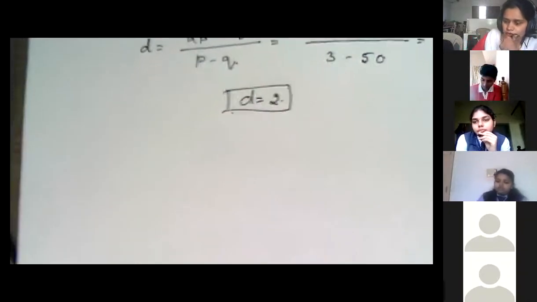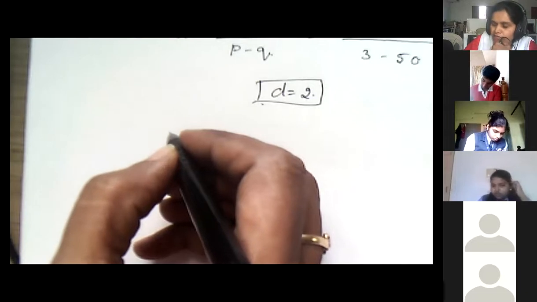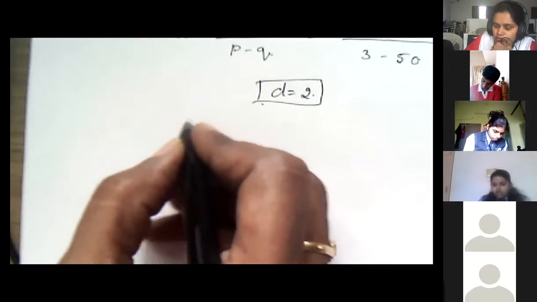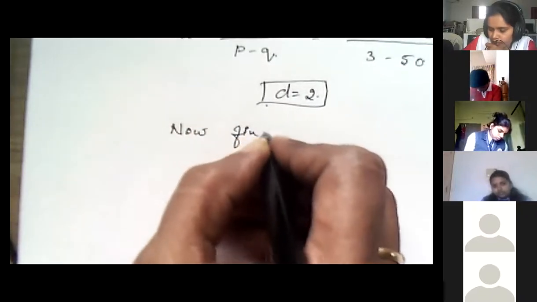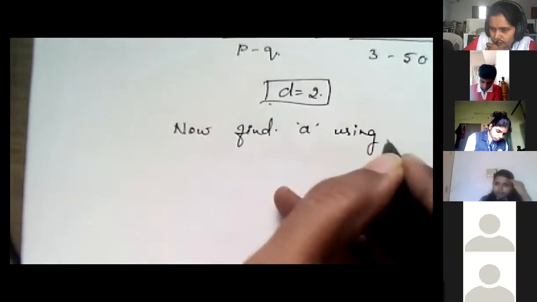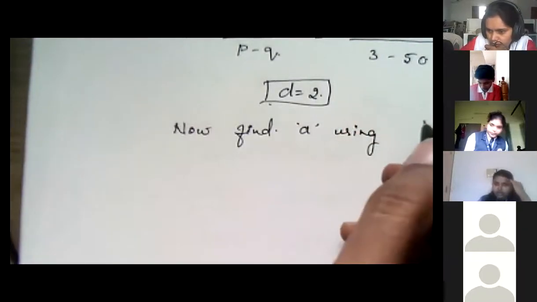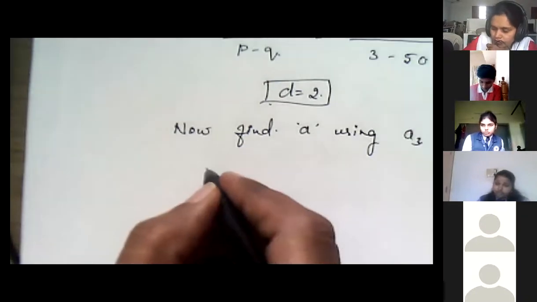Okay. Now, will you find out A? How to find A? You can take any number like A3 or A50, anyone. By using that, you can find A. Now we use A3.